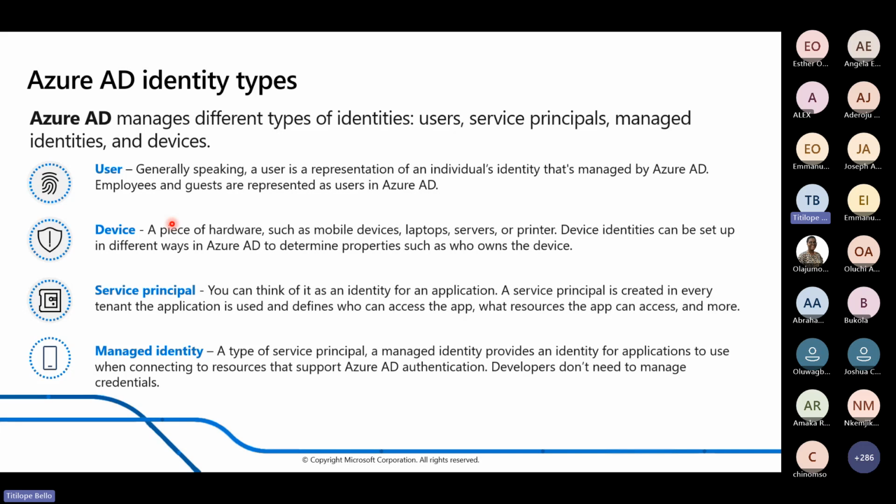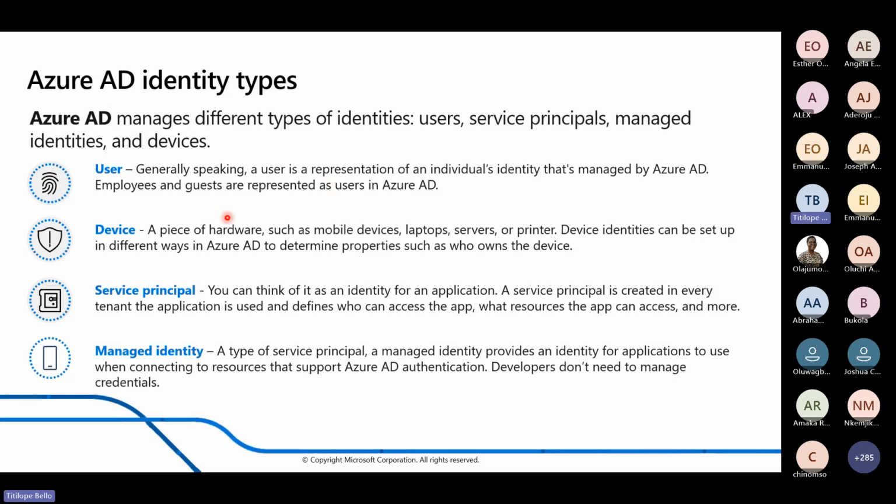It could be your colleagues, an employee, it could even be guests or your business partner that you want to come to your tenant or your Microsoft 365 environment to access certain resources. You use Azure Active Directory to manage that.